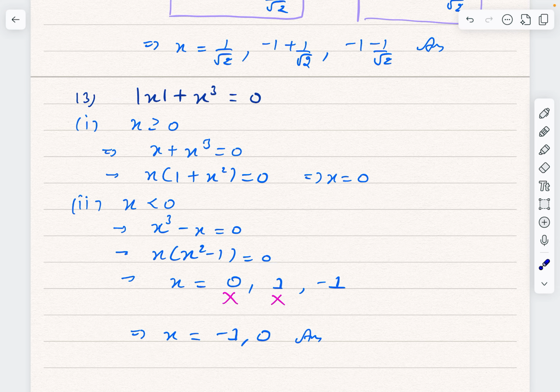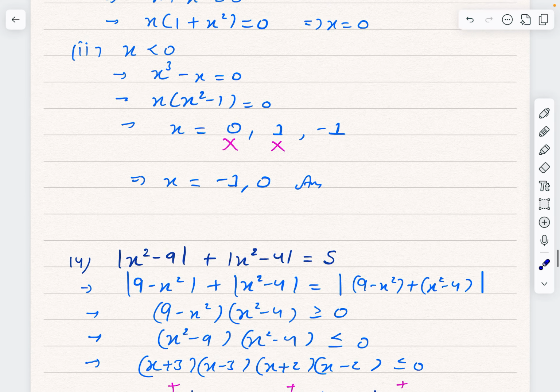So solutions will be 0, plus 1, minus 1. 0 and 1 we cannot take, only solution will be minus 1 from here, because in this case x has to be less than 0. So final solution is just minus 1 and 0. Next, 14th problem.